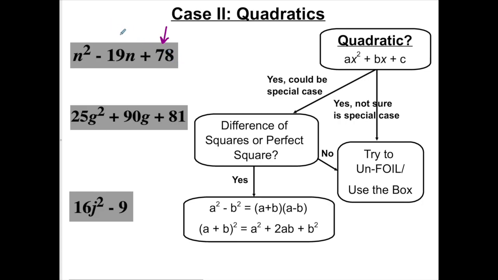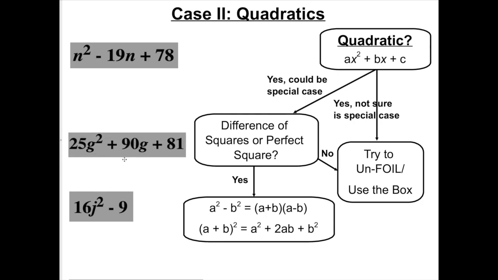And also, I know it's not a difference of squares because a difference of squares, as this suggests, would not have a b value. It would be a square minus a square. There's nothing in between. See, there's 2 things here. There's 3 things there. So I'm going to have to go to unfoiling, or what I call using the box in reverse.